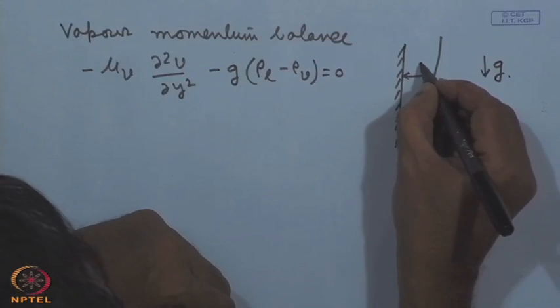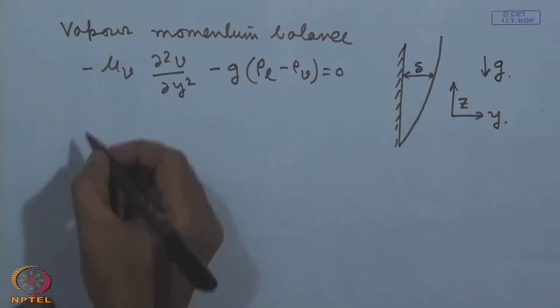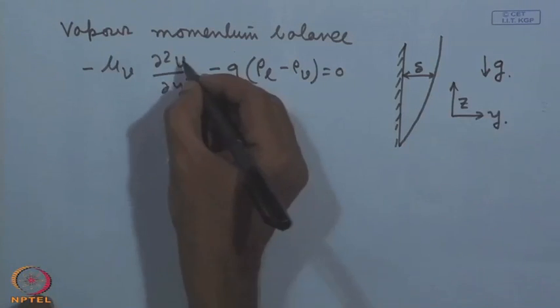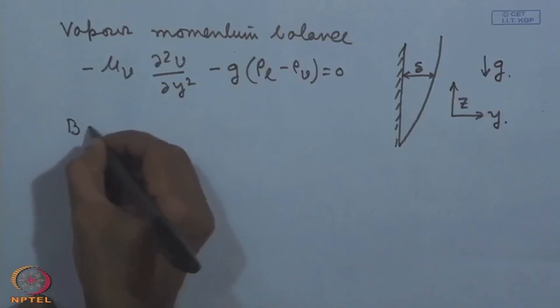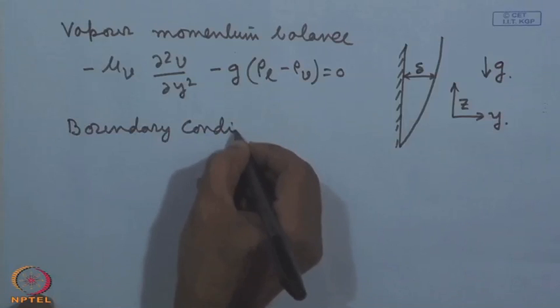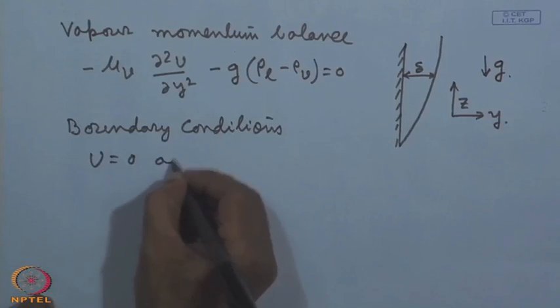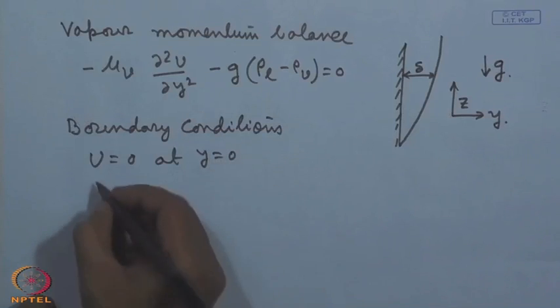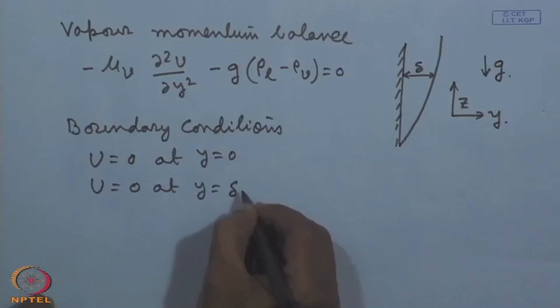So, the thickness of the vapor film is delta, and you can see delta is changing with the height, that is z. If we denote the velocity as u, the boundary conditions are u equals 0 at y equals 0, and u equals 0 at y equals delta.